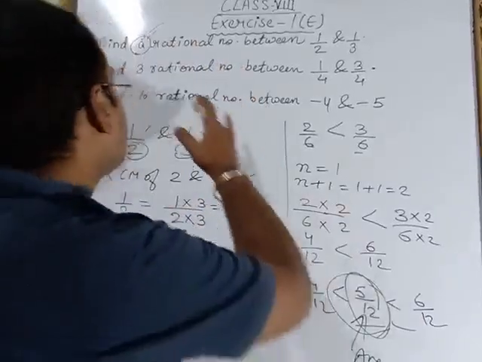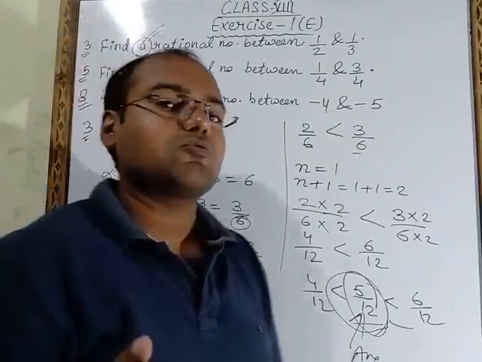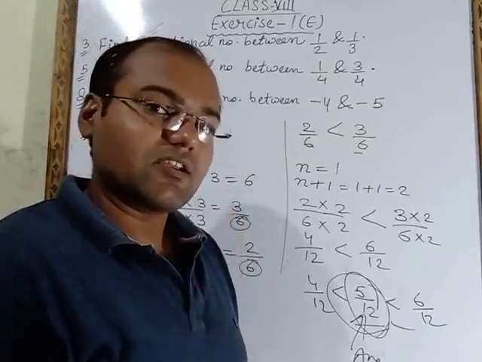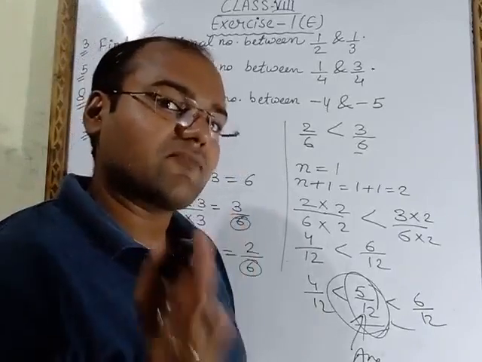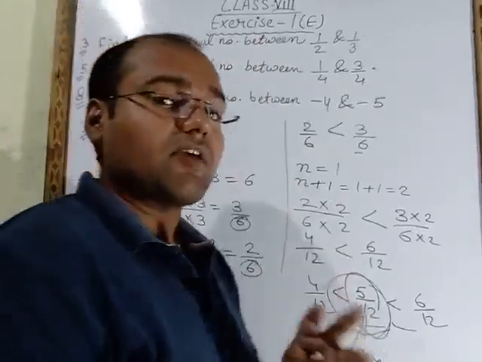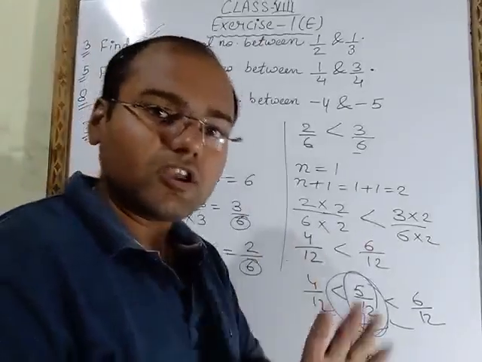So for question numbers 3rd, 4th, 5th, 6th, 7th, 8th, there is no need to check your answer from the answer sheet, because the answer in the answer sheet can vary, as these questions can have infinite rational numbers. Answers to these questions are not fixed.